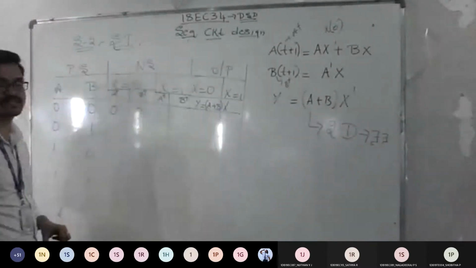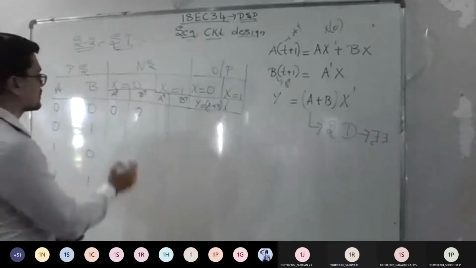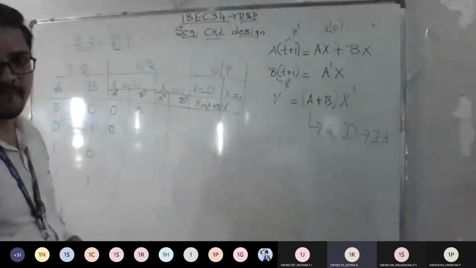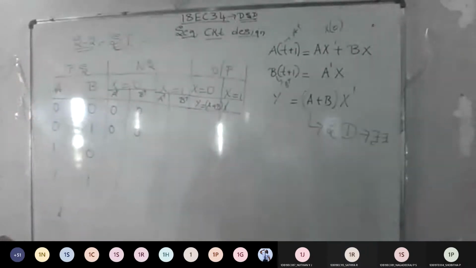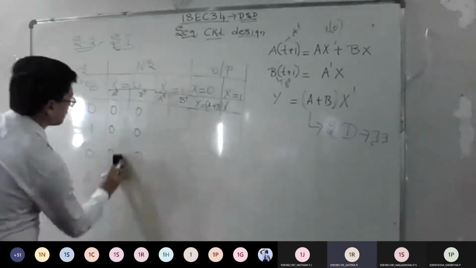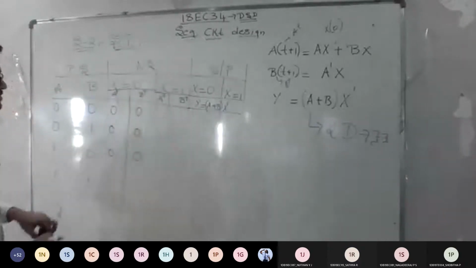0, 1 for x equal to 0. A plus is 0, B plus is 0. Okay, next, 1, 0. 0 only. So both are 0. Okay, next, the last combination, 1, 1. 0, 0.